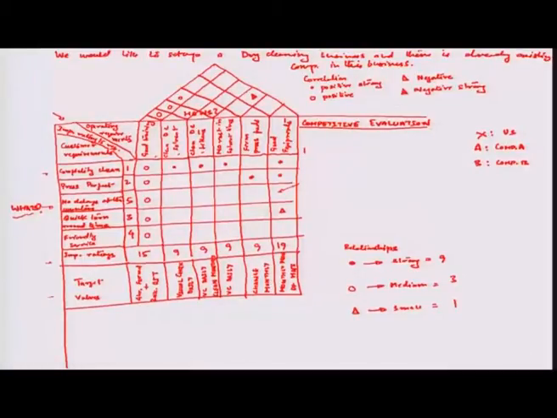So we'll evaluate our competitors in terms of 5 different ratings, 1, 2, 3, 4 and 5, where 5 happens to be the best in business and 1 is the worst. And so we will see where we are positioned with respect to our competitors.